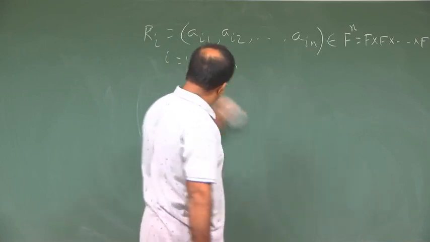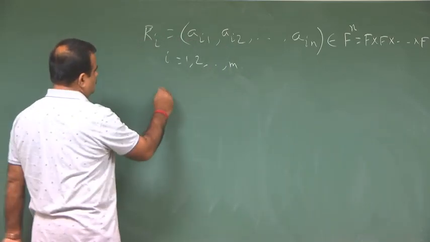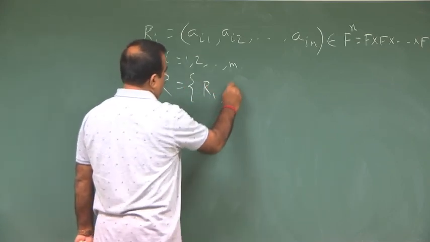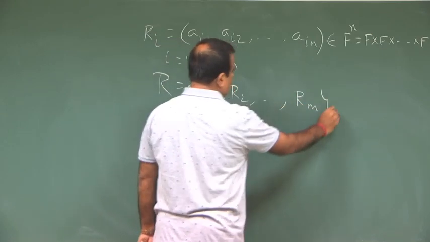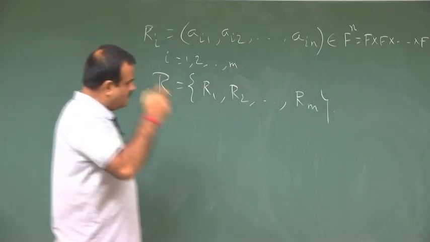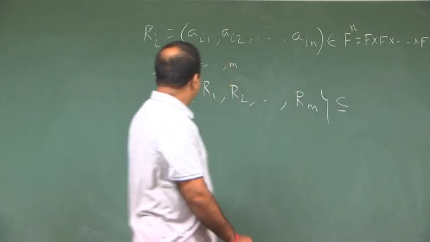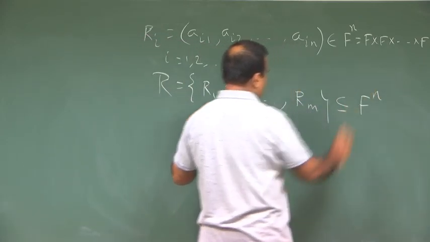Now, if you take this collection of rows, say this set R, which is R 1, R 2, up to R m, there are total m rows. This is a subset of F to the power n, since each of these elements is coming from F to the power n.